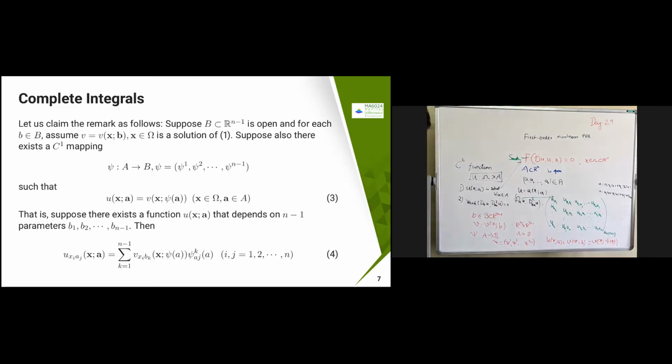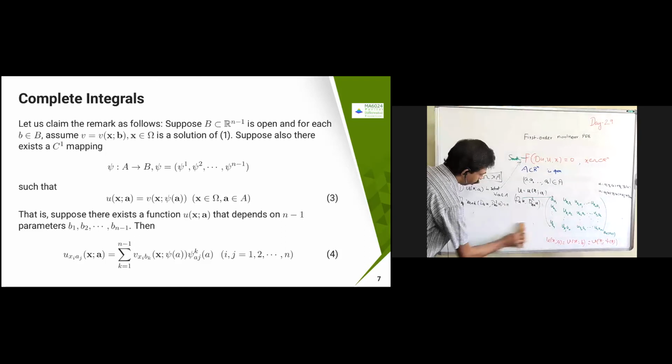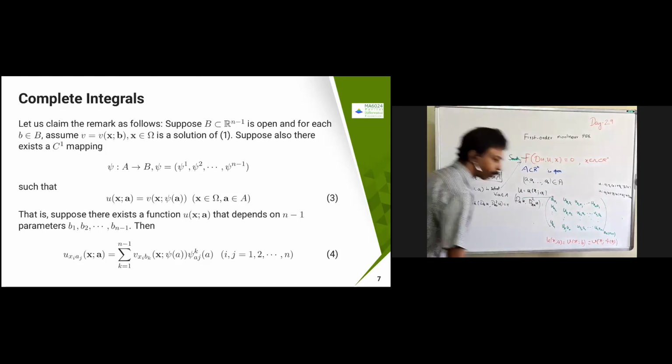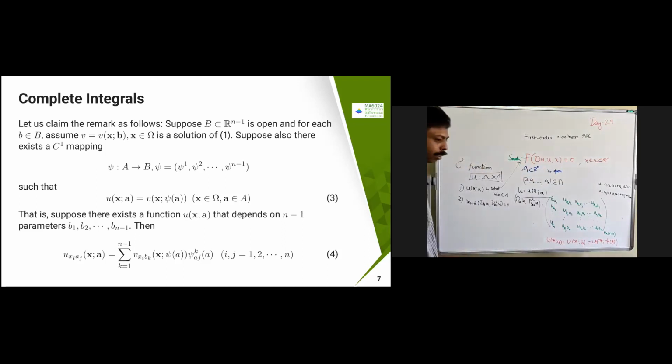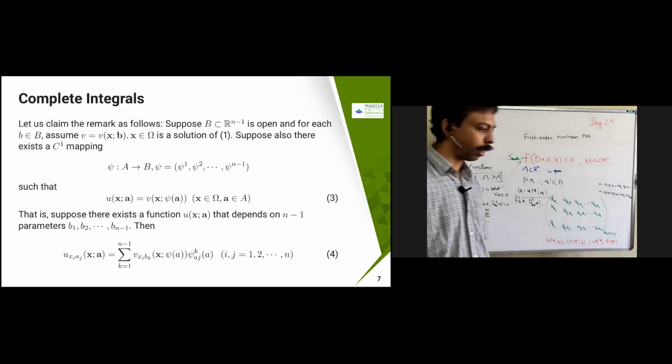Once you use the chain rule, you get a summation. There are only n minus 1 parameters, so k goes from 1 to n minus 1. I have to differentiate with respect to each of these.